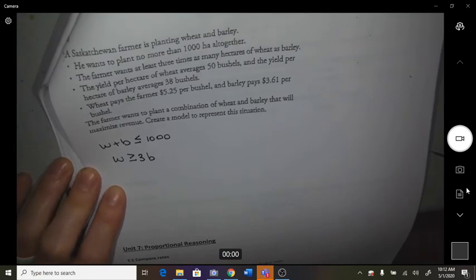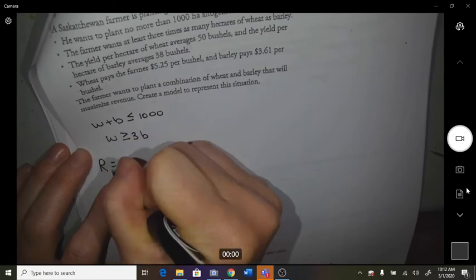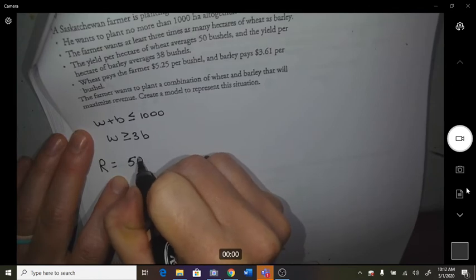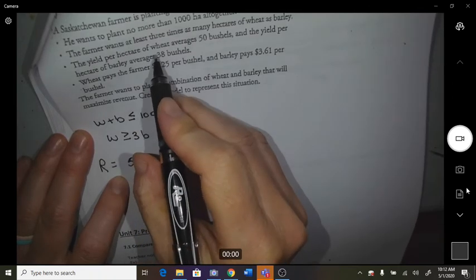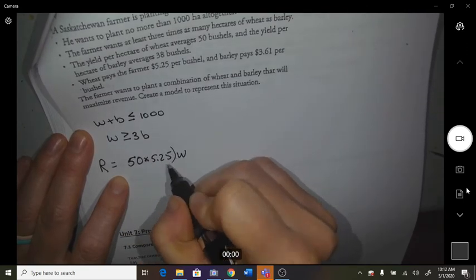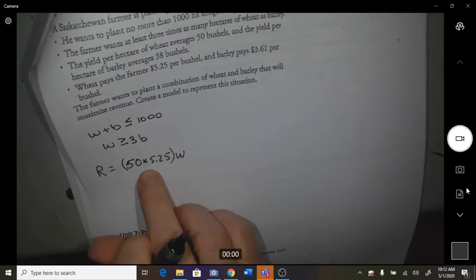Okay, the yield per hectare of wheat is 50 bushels and the yield of barley is 38. And then each bushel pays out. Okay, so the revenue we're going to make: for wheat, for each hectare, there's 50 bushels times each bushel is 5.25. So for each hectare of wheat, you're going to make that much money.